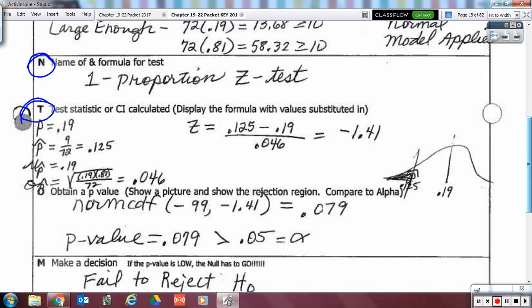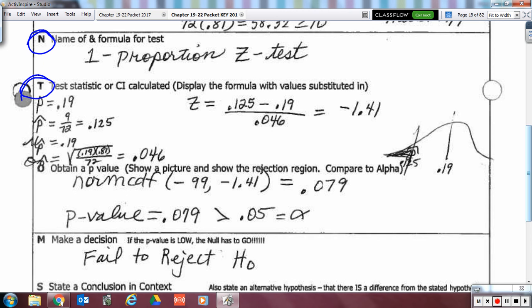So we got our test statistic, and we're going to obtain a p-value. The p-value is the probability of getting this sample or something more extreme. Since we were wondering about it being too low, more extreme goes down. If we were wondering about it being too high, I would calculate the area up here.